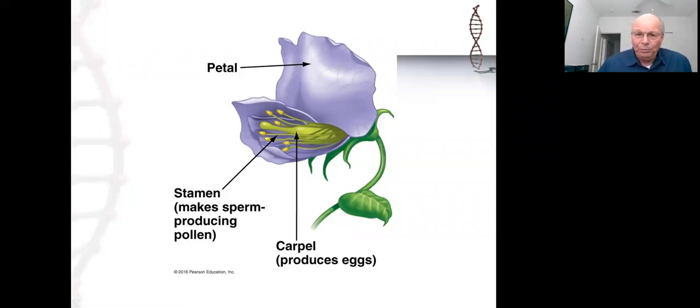This is not true of all plants. About 50% of all plants are capable of self-pollination or self-fertilization. But in the case of garden peas, the pollen is compatible with the eggs within the same flower. And this is what allowed Mendel to create what we refer to today in genetics experiments as pure breeding parents.